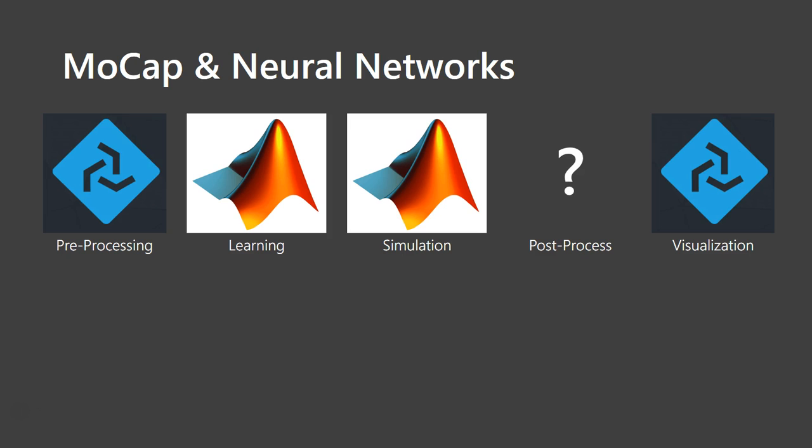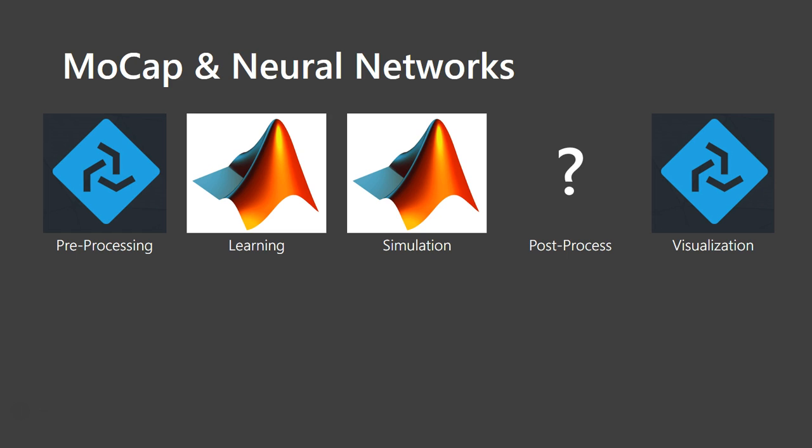So this was my pipeline for doing neural networks with mocap data. I was combining different motion capture libraries and extracting the features I wanted from my data within Fabric Engine. Then I was doing the learning and simulation processes inside of MATLAB, and then I would visualize the data in Fabric Engine.